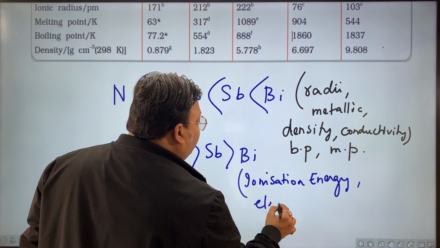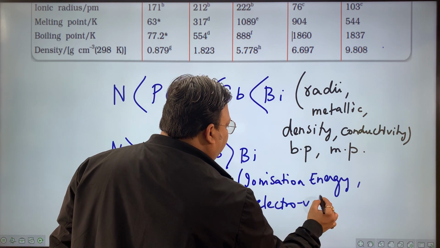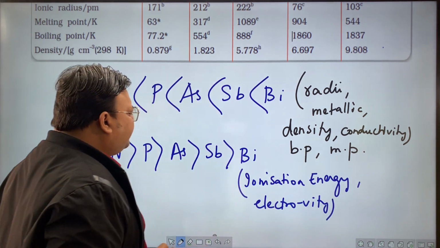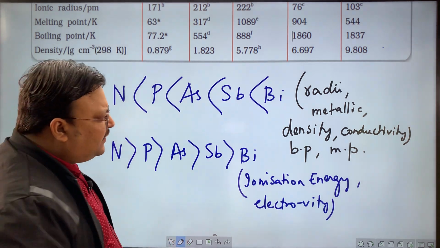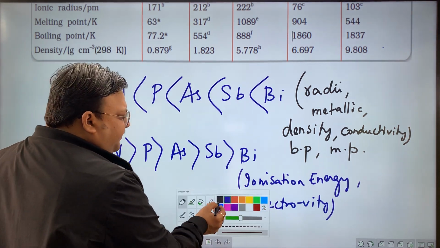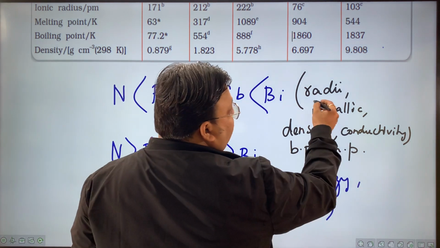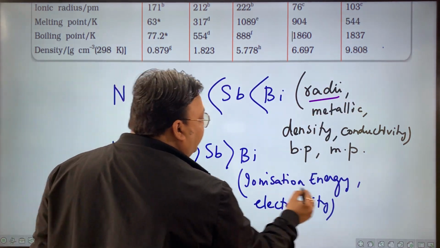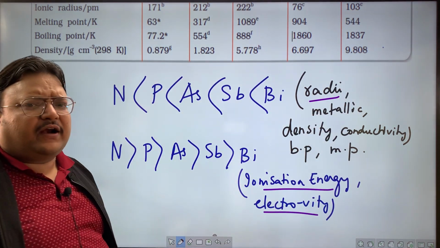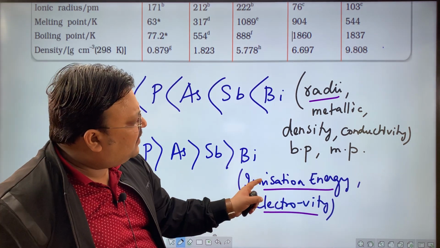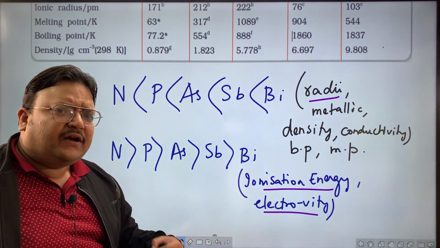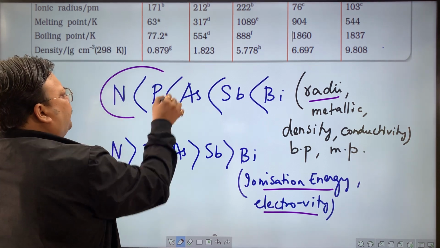Naturally electronegativity too. And we'll see that the difference in radii, ionization energy, and electronegativity will be maximum between nitrogen and phosphorus.